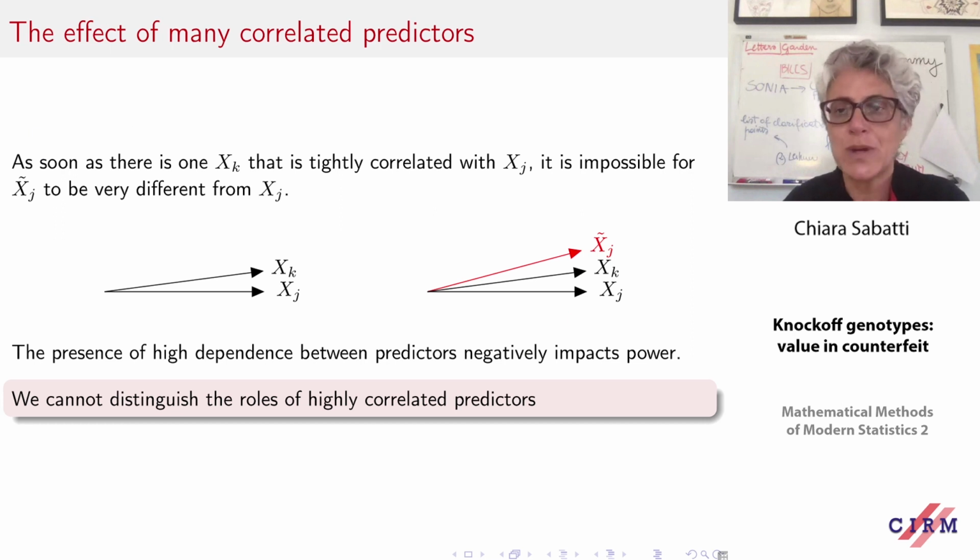Now, what happens when we have many correlated predictors? I'm trying to capture this by making my plots going from 2 variables to 3. That's not many, but I think it allows us to capture what's going on. So now, again, we want to create a new variable xj tilde that is the knockoff for xj.